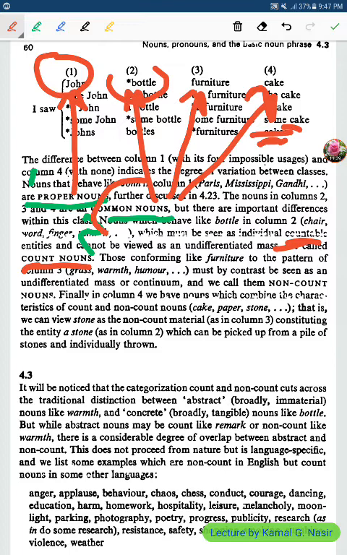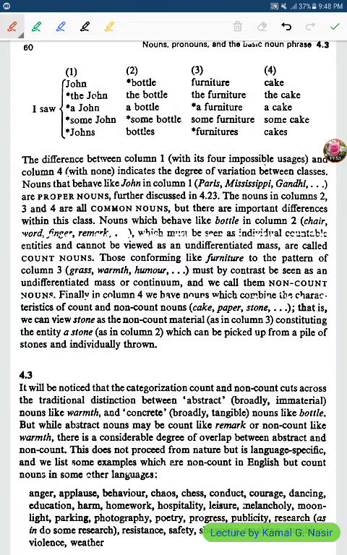Okay? So those conforming, like furniture, to the pattern of count nouns of column 3. This is column 3. Okay. Good. Then we classified them into 4 groups, like what I explained to you now.